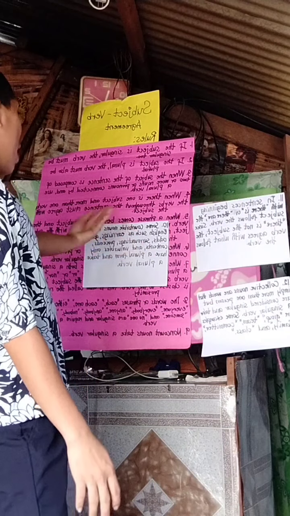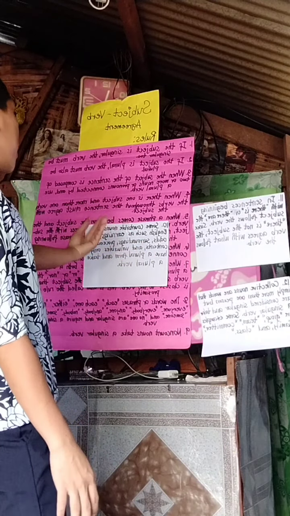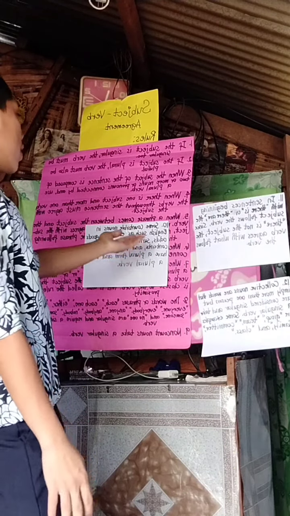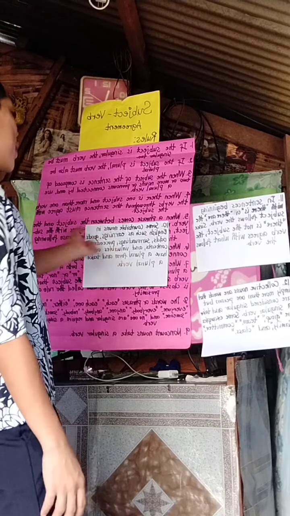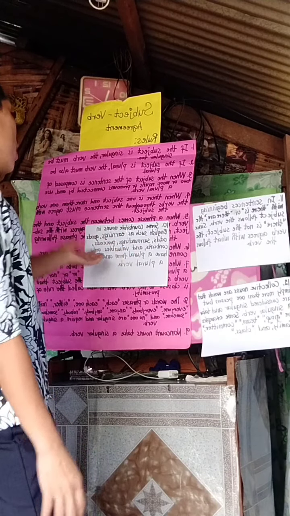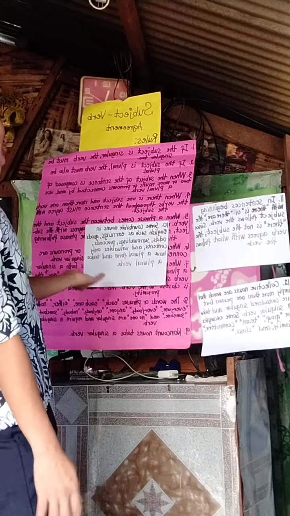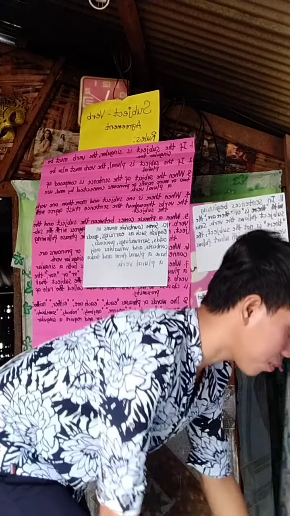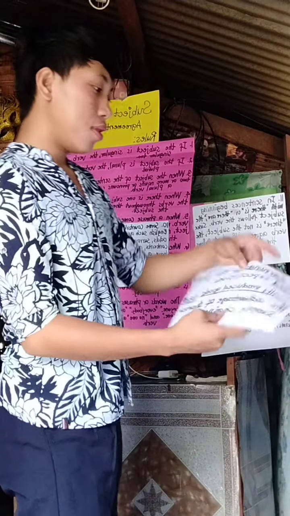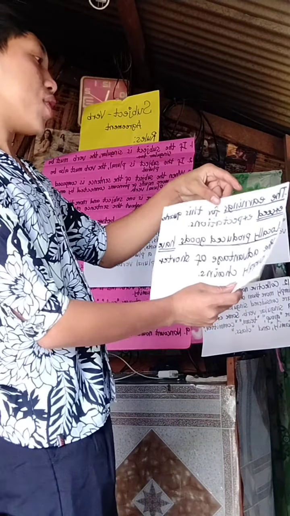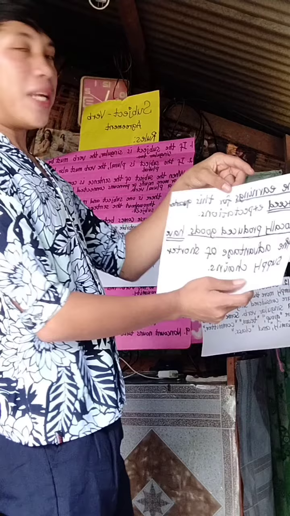Rule number 10. Some countable nouns in English, such as earnings, goods, odds, surroundings, proceeds, contents, and valuables, only have a plural form and take a plural verb. Just like, for example, the earnings for this quarter exceed expectations.